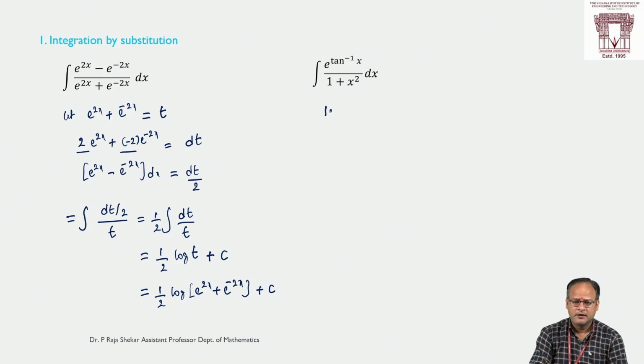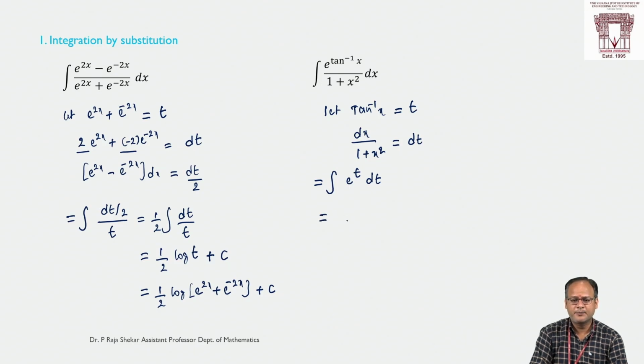So let me replace tan inverse x by t. The derivative of it is dx divided by 1 plus x square equal to dt. So the given integral becomes e^(tan inverse x), where tan inverse x is t, and dx by 1 plus x square is dt.